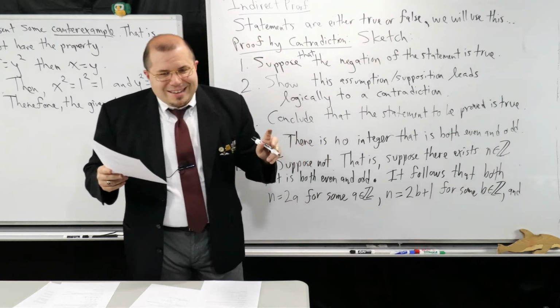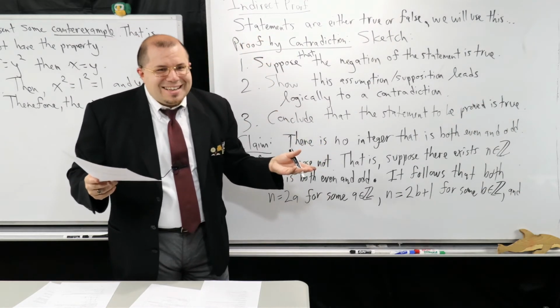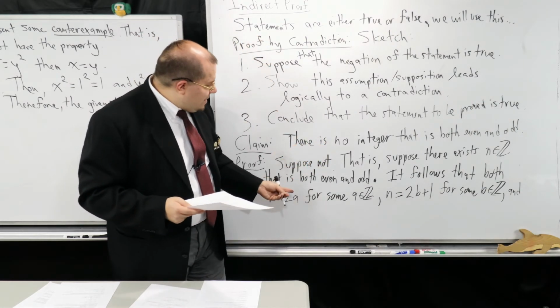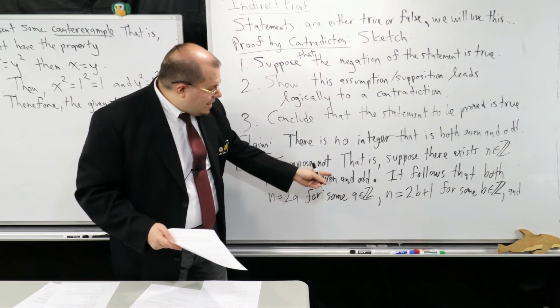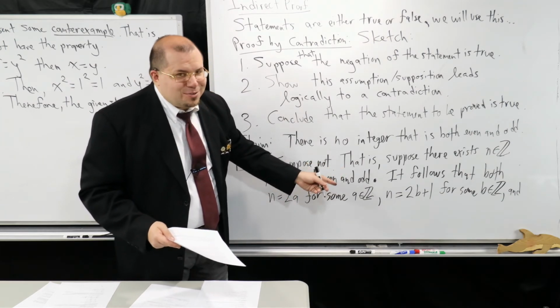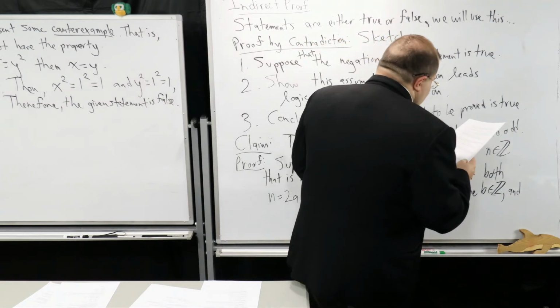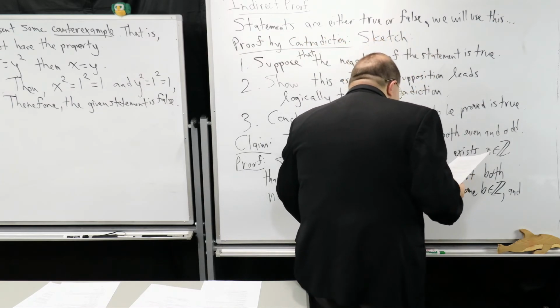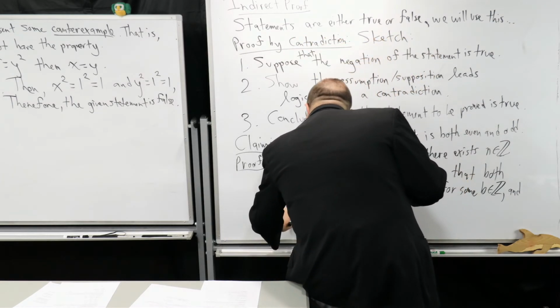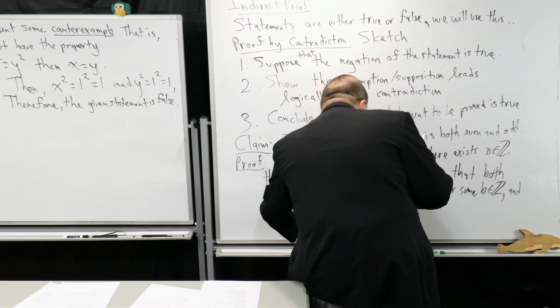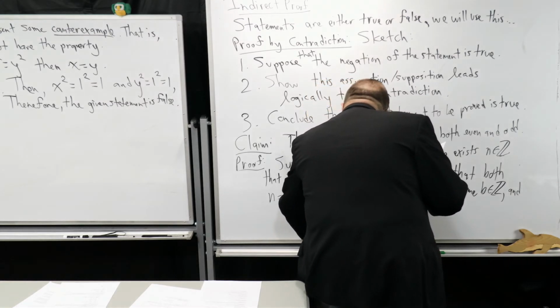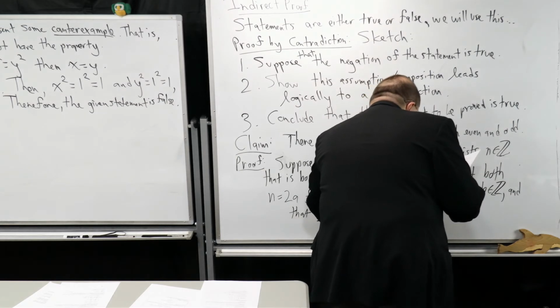Now remember, n is an integer, right? So it can't be that this equals something and that equals a different thing. They have to be equal to one another because it's n. And that 2a is equal to 2b plus 1.